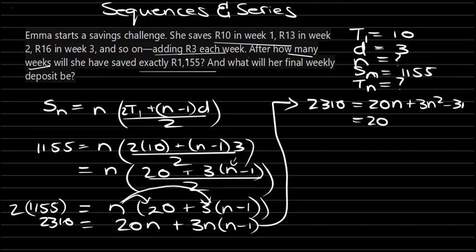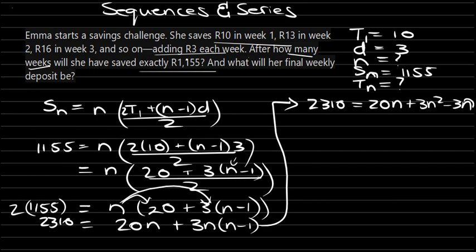Before we go further, we see that we now have a quadratic equation. There's a square term there. We're going to rearrange it in descending order of the power of n, and write it like a quadratic equation, like we are used to.